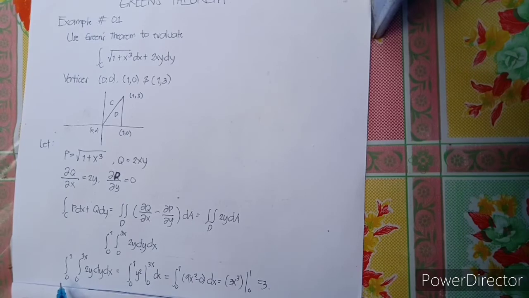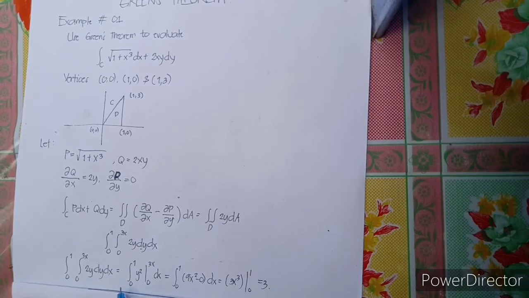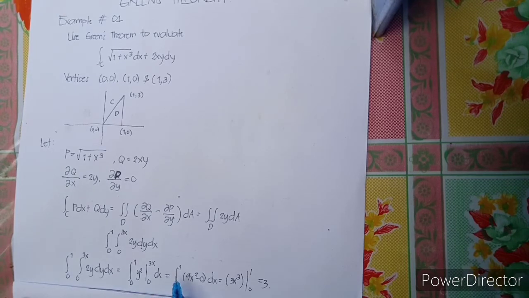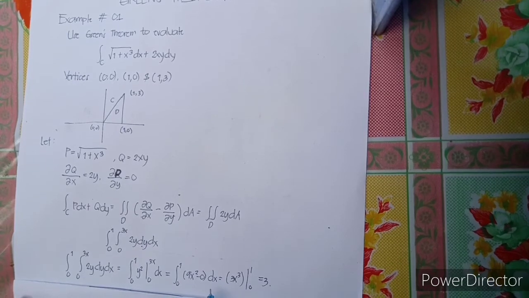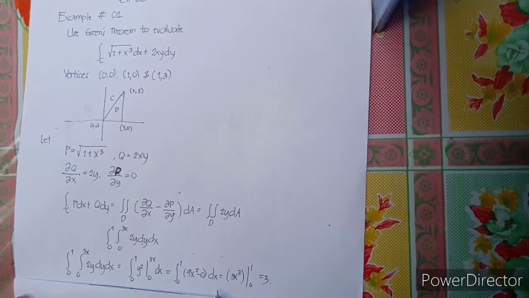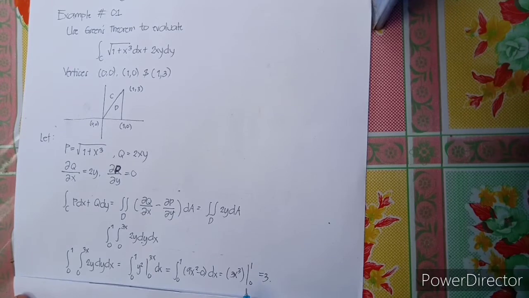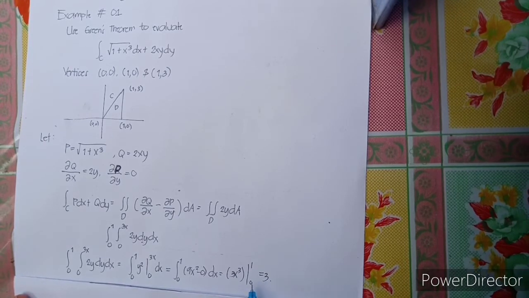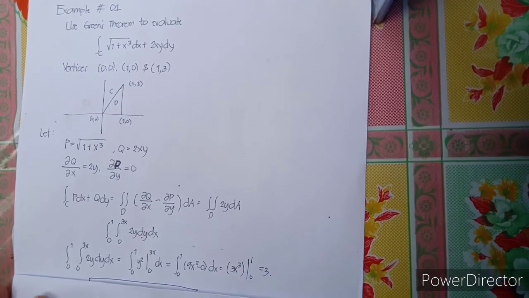Applying the first integration, it will be equal to the integral from 0 to 1 of y squared with limits 0 to 3x dx, which is equal to the integral from 0 to 1 of 9x squared minus 0 dx. Then applying the second integration, it will be equal to 3x cubed with limits 0 to 1, which is equal to 3.